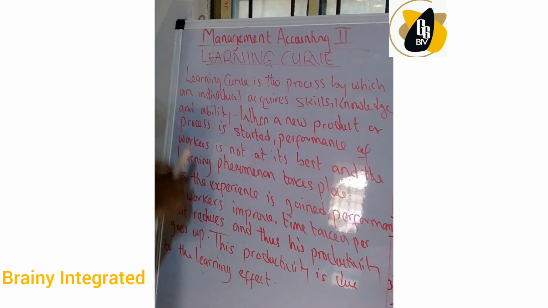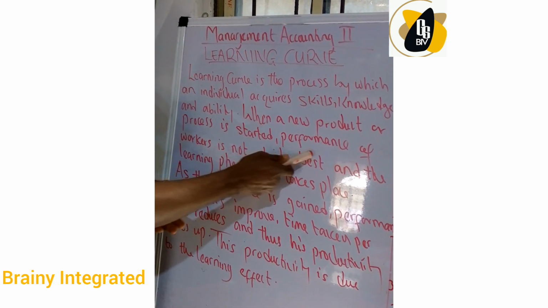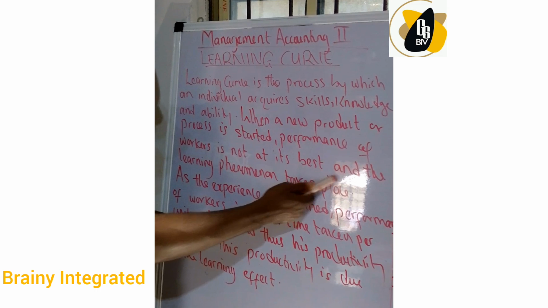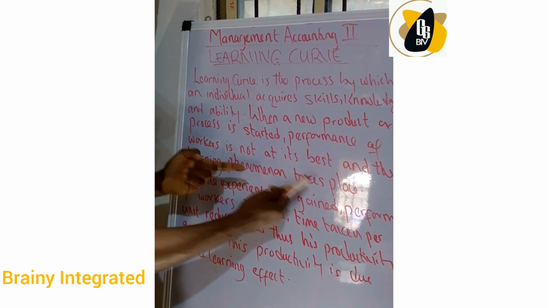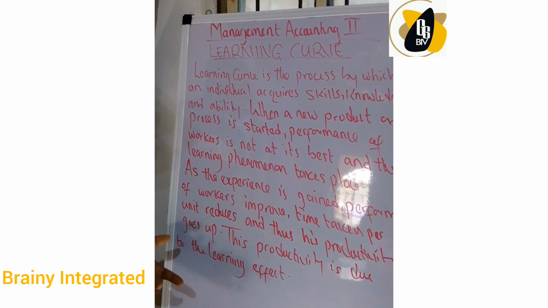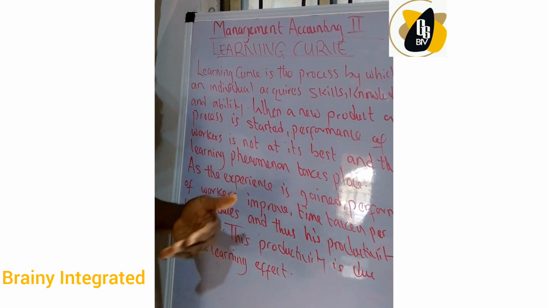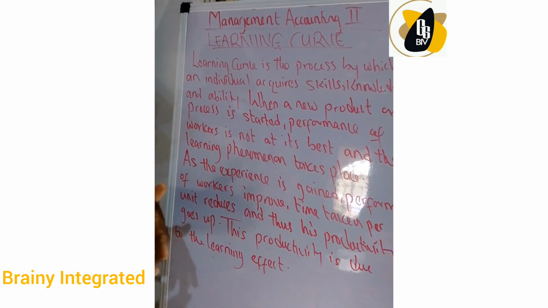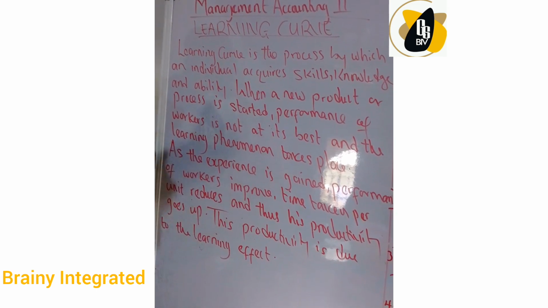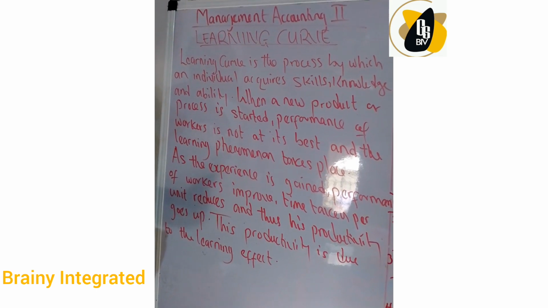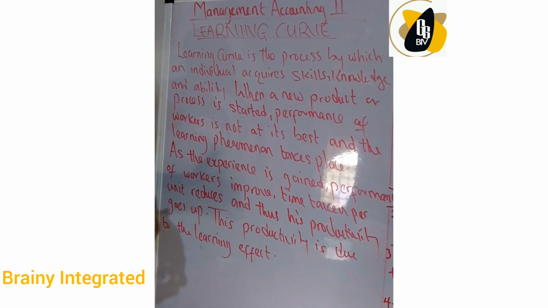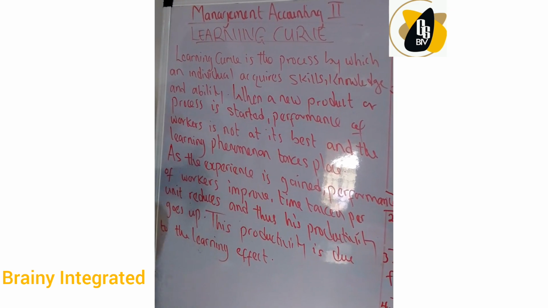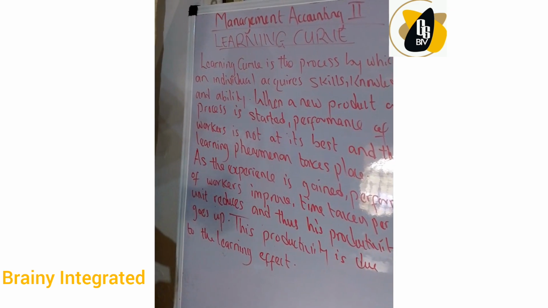When a new product or process is started, performance of workers is not at its best, and the learning phenomenon takes place. For example, we have been making meat pie, and all of a sudden, a new product such as sandwich is introduced, and we had not produced such a product before.